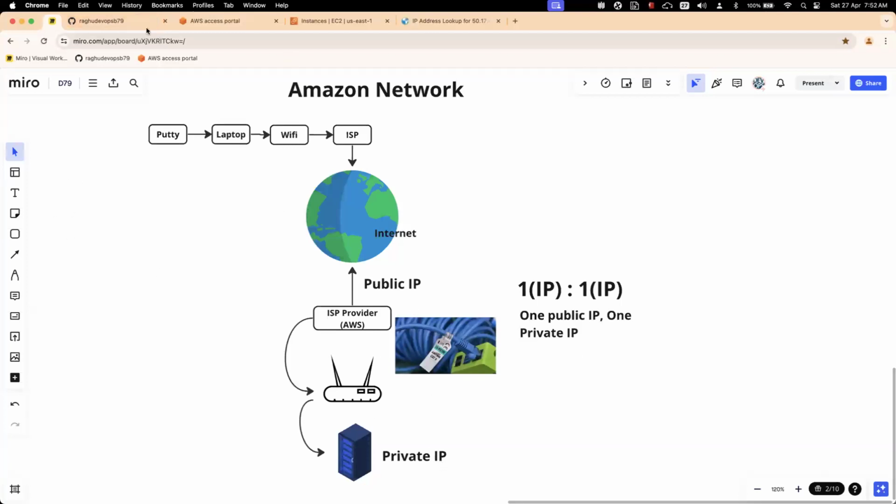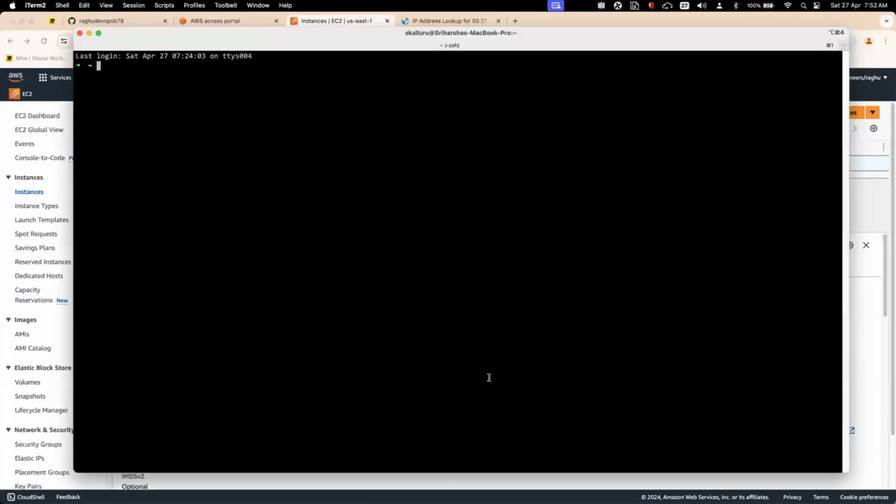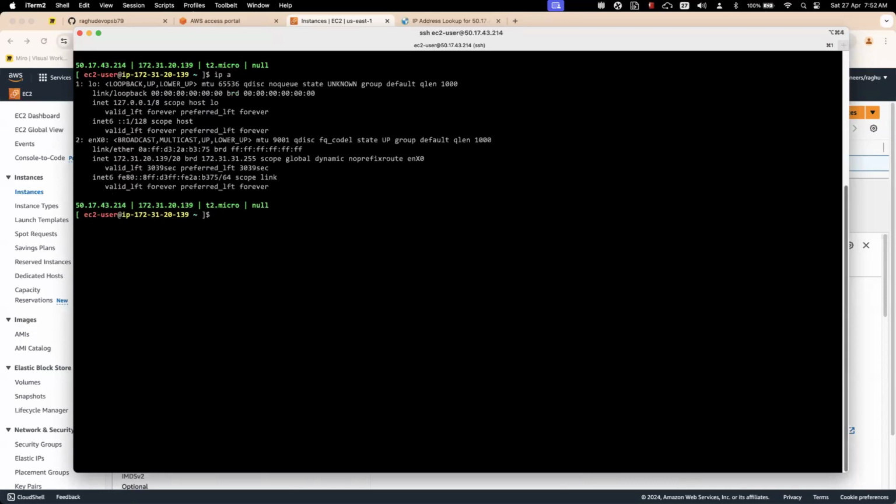Now, when you log into the server, let me log into the server, with SSH as ec2-user to this IP address. If I want to know the IP address of the system, what I'm doing is "ip a". IP space A is a command which is going to help you in finding out the IP address.